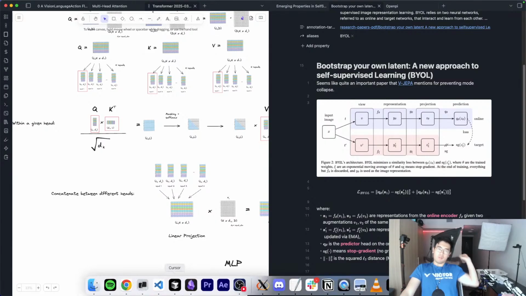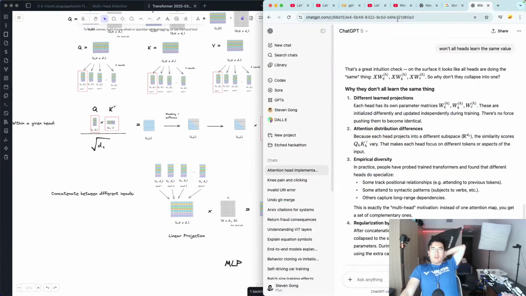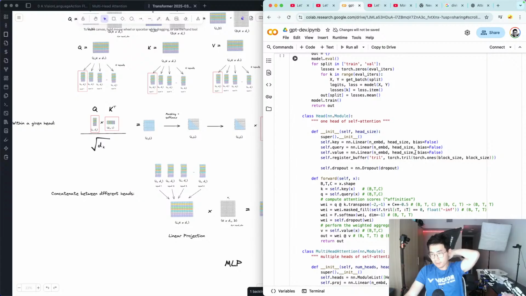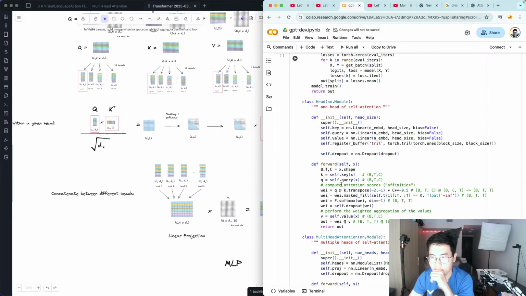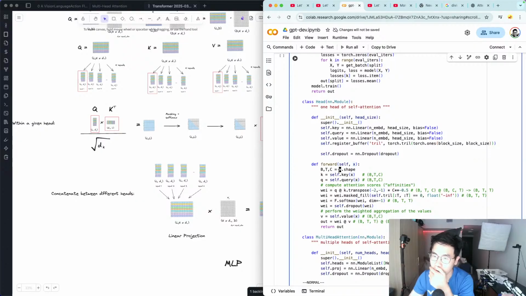Okay, within a given head, okay, got it. So we linearly project, we take from an embedding matrix, we go through a head, the forward, and you can compute the attention and do value, and then do weights times v.